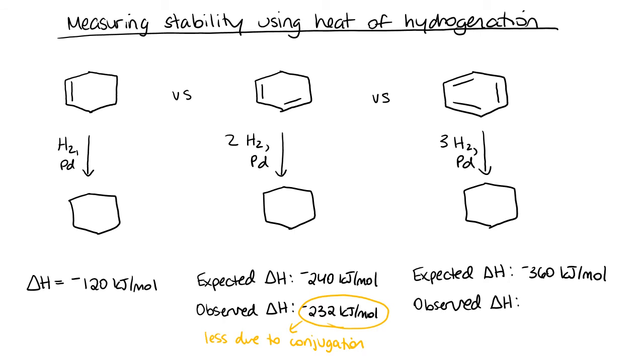However, if you were to actually measure the energy given off in this reaction, you would find that benzene actually gives off minus 208 kilojoules. So this is a huge difference. It's actually lower amount of energy given off than even the conjugated double bond that we saw in the previous example. So this big difference in energy is due to the resonance stabilization.